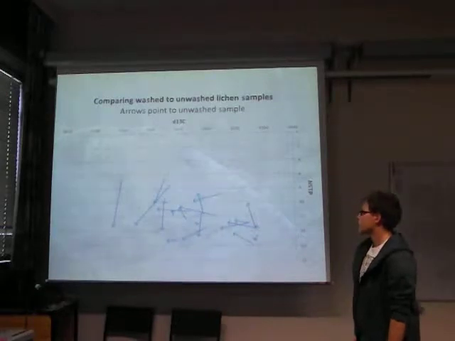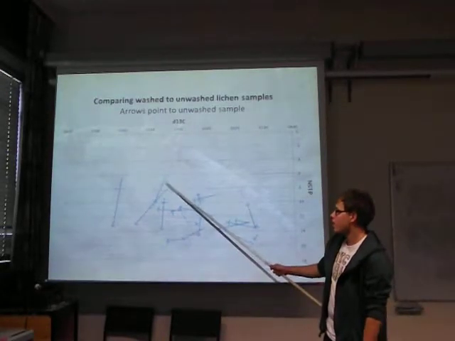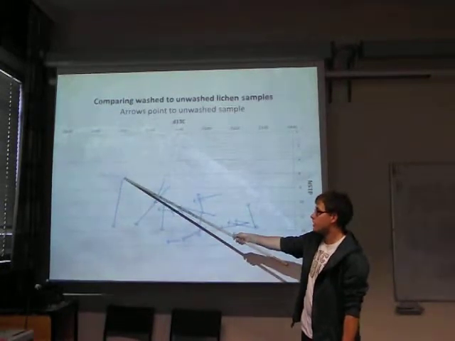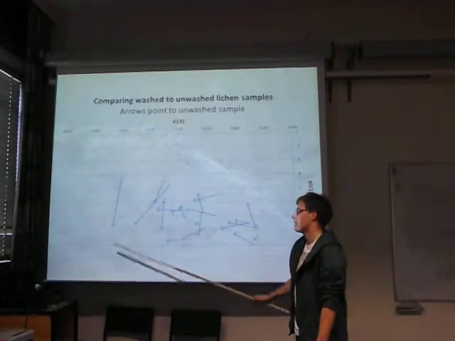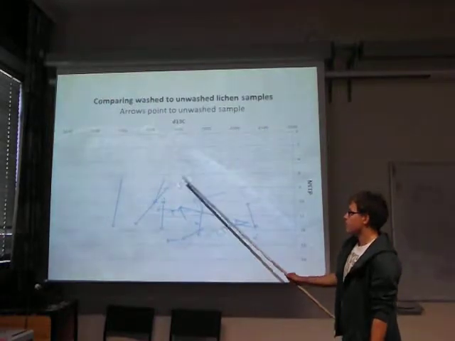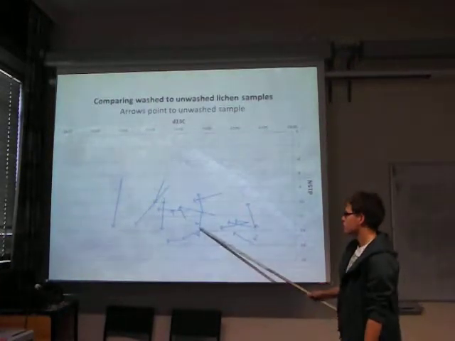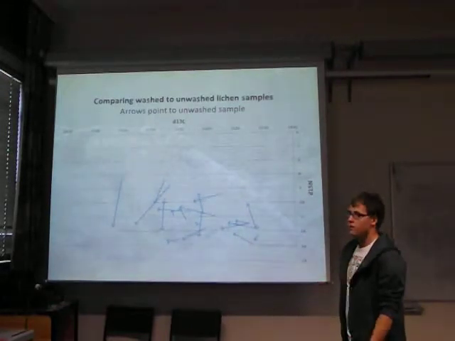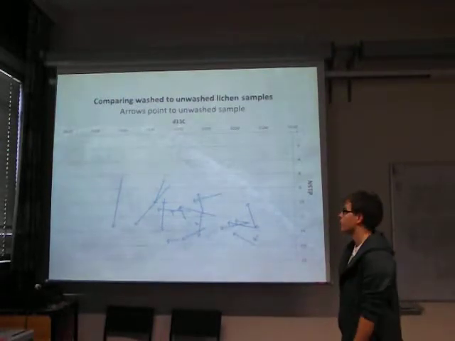And again, this doesn't really explain why there's such high variation. We've got a few outliers that have huge changes after washing. The start of the arrow is the washed sample, the end of the arrow is the unwashed sample. And like I said, there's 2 really high changes in isotope value, but most of these are really small and there's no general trend. So we can't really pinpoint this as the reason why there's high variation.